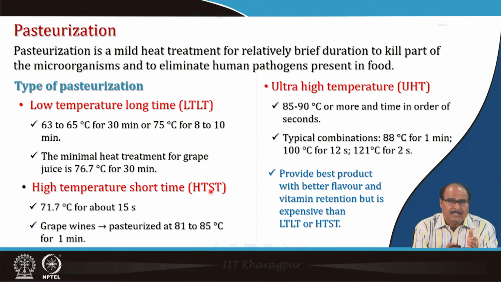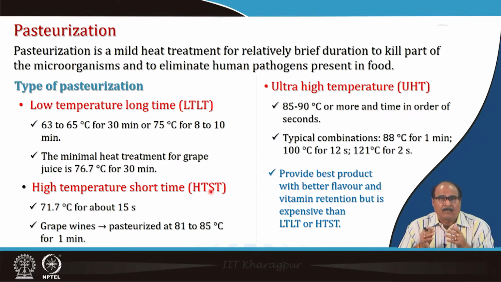It is normally done at 76.7 degrees Celsius for 30 minutes. The HTST process generally means 71.7 degrees Celsius for about 15 seconds or so. Grape wines are pasteurized at 81 to 85 degrees Celsius for about 1 minute. In the UHT, it is 85 to 90 degrees Celsius or more, and the time is in the order of seconds.